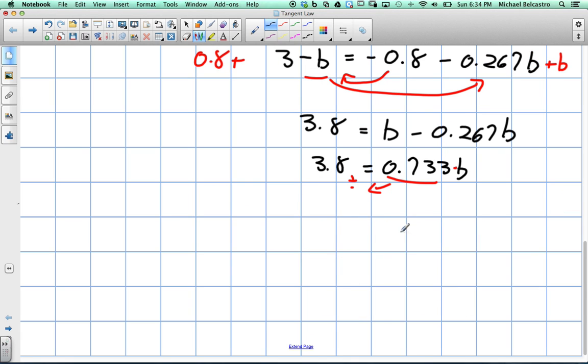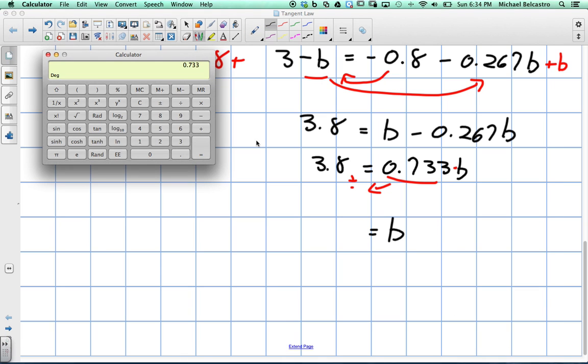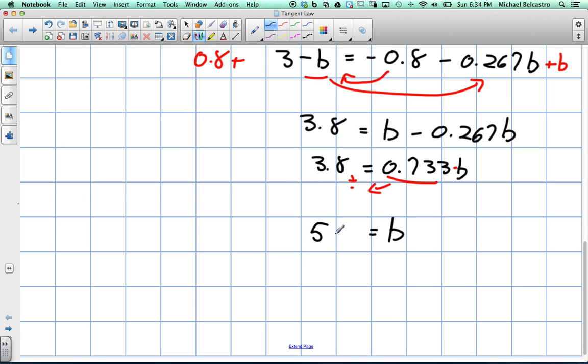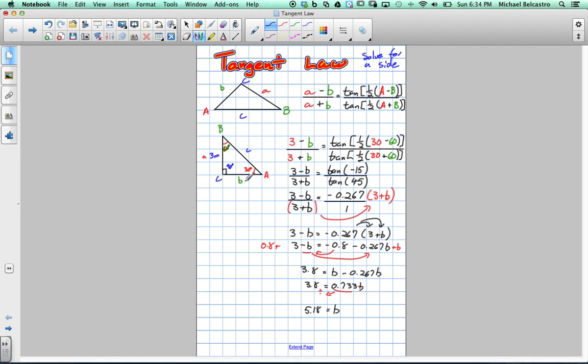B will be equal to 3.8 divided by 0.733, which equals 5.18. So our unknown side b is roughly 5.18 meters. You can use it again to solve for side C. But there's your tangent law.